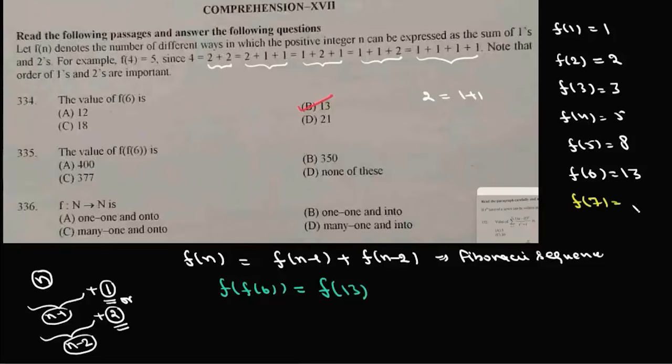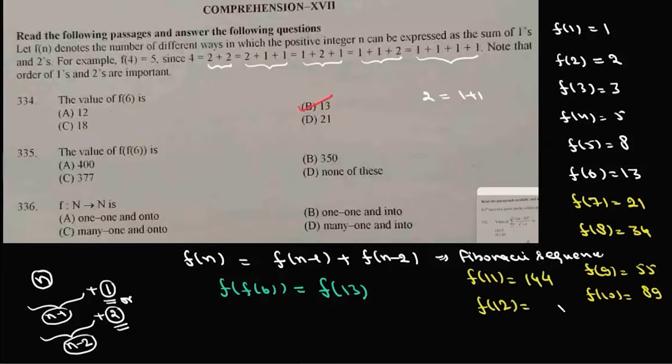Now F7 will be 21, F8 is 34, F9 is 55, F10 is 89, F11 is 144, F12 is 144 plus 89, 233, and F13 will be 144 plus 233, and that will be 377.